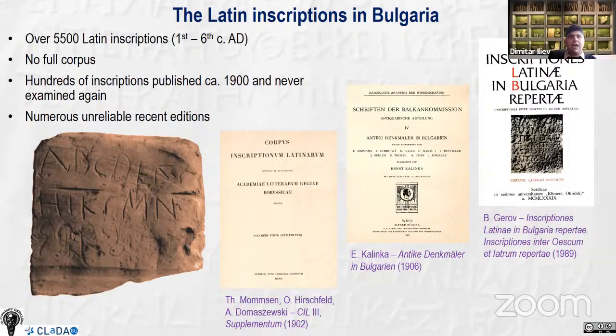And until now, there has been no full corpus published by a Bulgarian scholar or a scholarly collective. You have a preliminary corpus published by the late Boris Gerov in 1989.